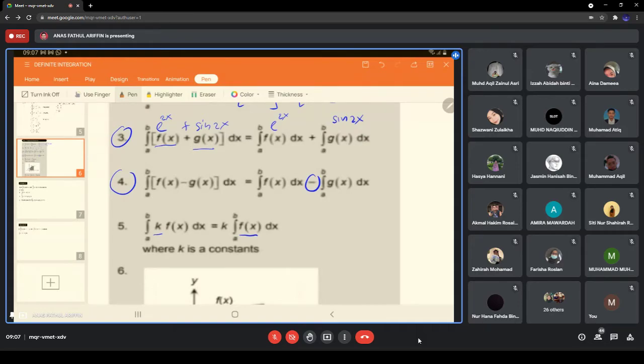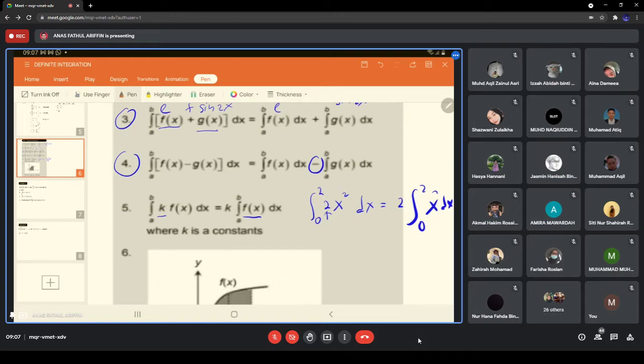Okay, for example, we have these functions, 0 to 2, function 2 x square dx. So since 2 is the constant, we can rewrite as 2 multiply the integration 0 to 2 and then x square dx. Okay, lepas tu kita integrate seperti biasa.